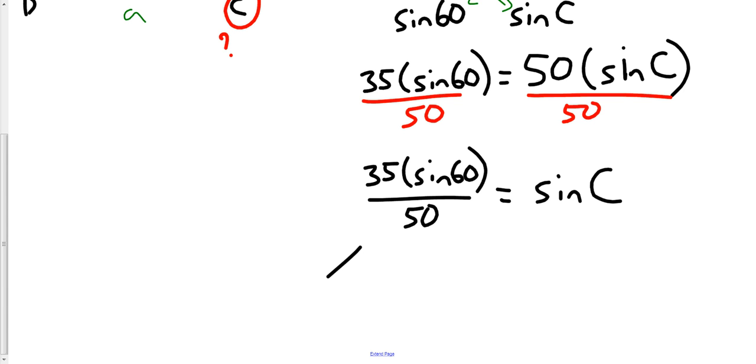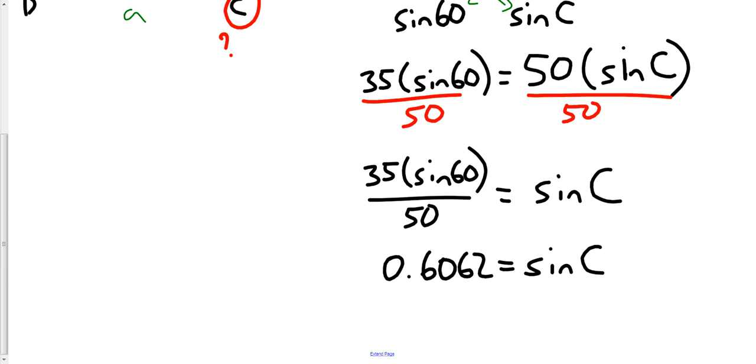In my calculator, I'm going to do 35 times sine of 60 divided by 50. And I'm going to round it to 4 decimal places. So 0.6062 is equal to sine C.